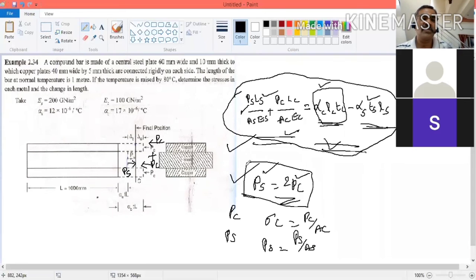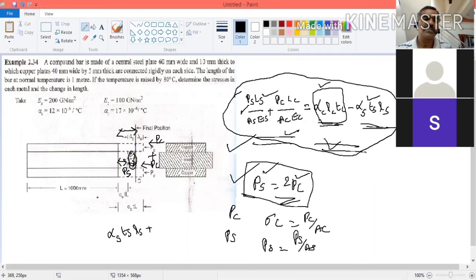If you want to calculate the expansion, this is the amount of expansion. We know this expansion. What is that? Alpha S Ts Ls plus this value.